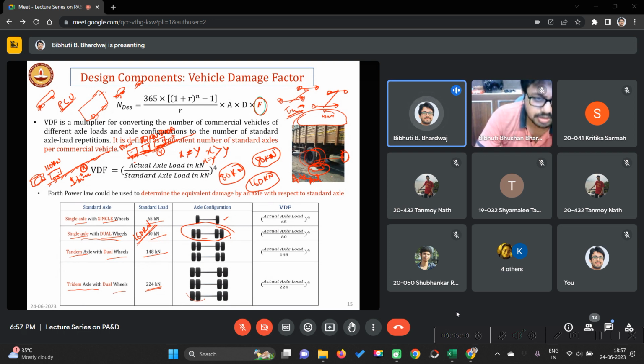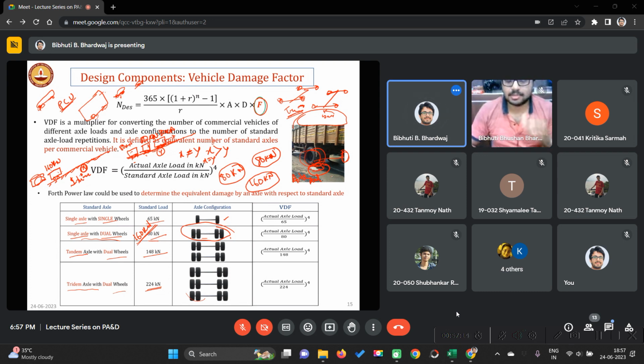Two 80 kilonewton trucks are not enough to cause the same damage as a 160 kilonewton truck will cause. Now, can you tell how many trucks of 80 kilonewton will be needed to cause the same damage as one of 160 kilonewton?